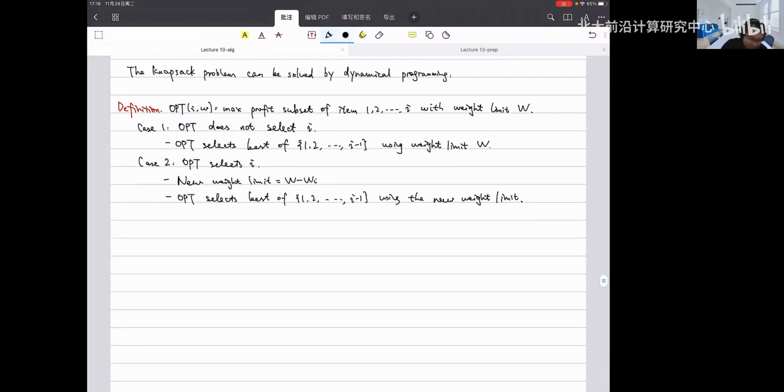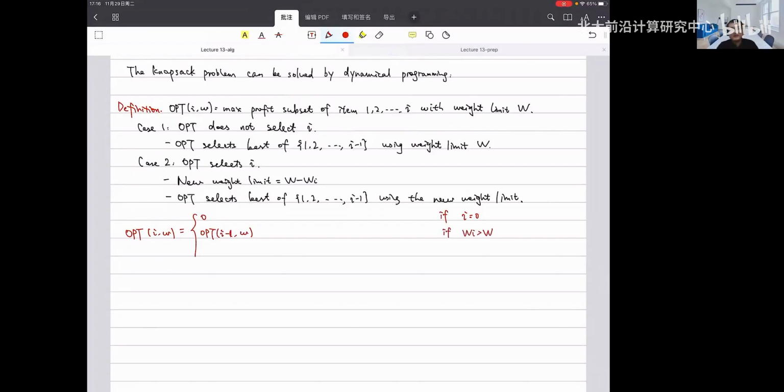Okay, so as a summary, we can have this kind of relationship. OPT(i, w) equals 0 if i equals 0. Of course, if you don't have any item, the OPT value is just going to be 0. And OPT(i, w) equals OPT(i minus 1, w) if wi is larger than w.